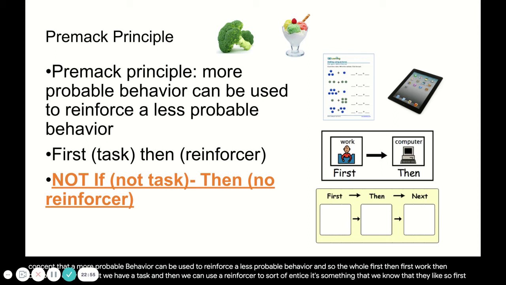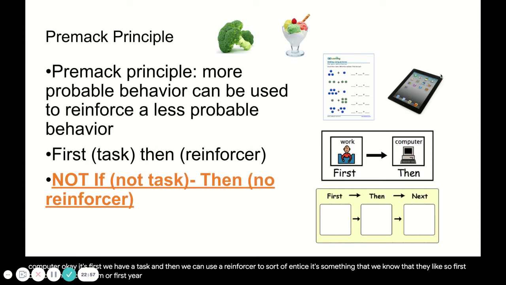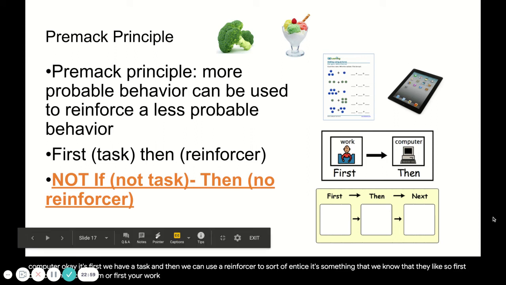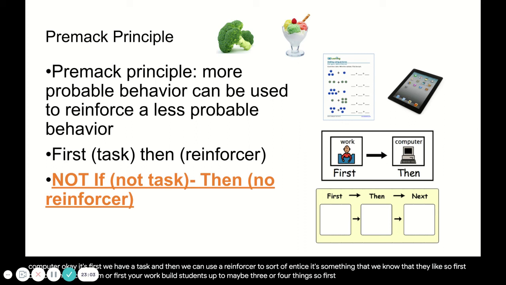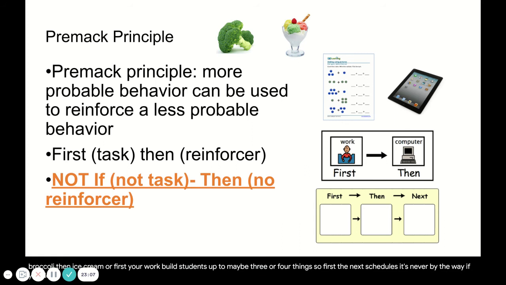So first broccoli, then ice cream, or first your work, then your iPad. We want to build students up to maybe 3 or 4 things, so first, then, next schedules. It's never, by the way, if you don't do your work, then you don't get a computer, because all the kids hear is don't and no, and you've lost them. But these same principles are what make the Premack principle, or first-then schedules, work.